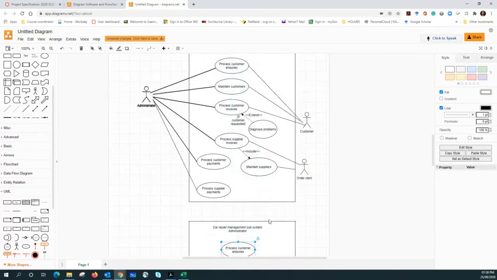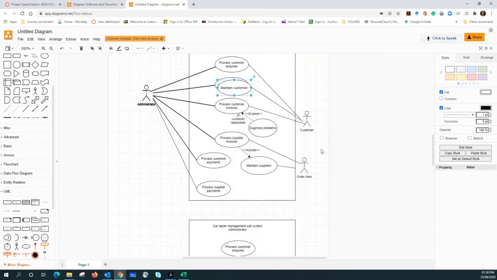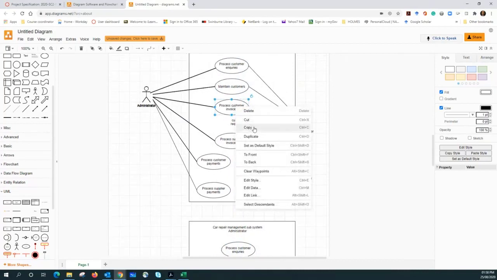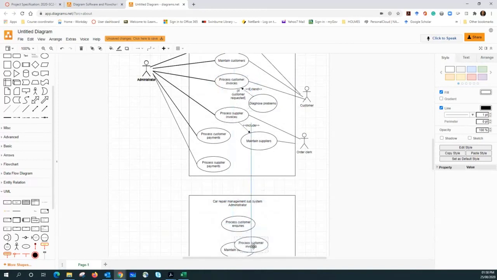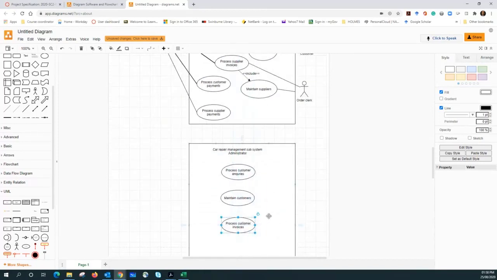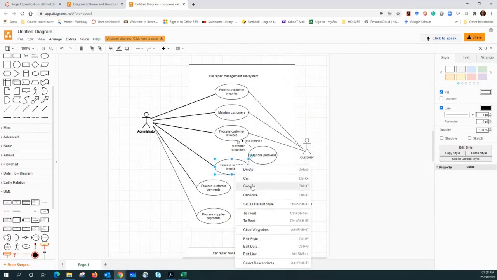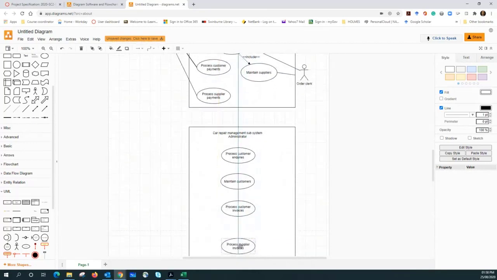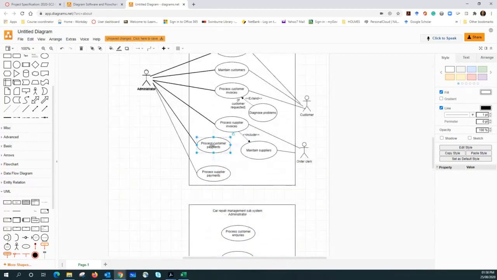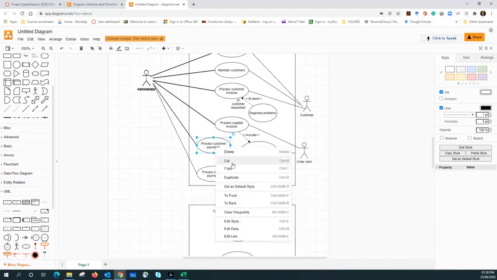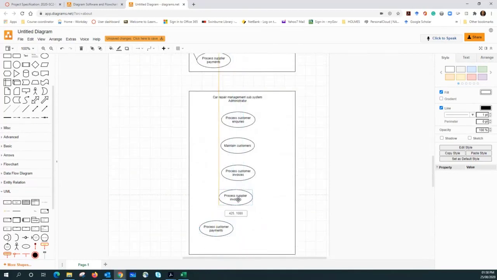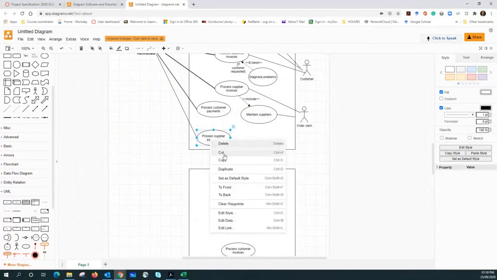Let me do it very quickly. 2, 3, 4, 5, duplicate, and 6.